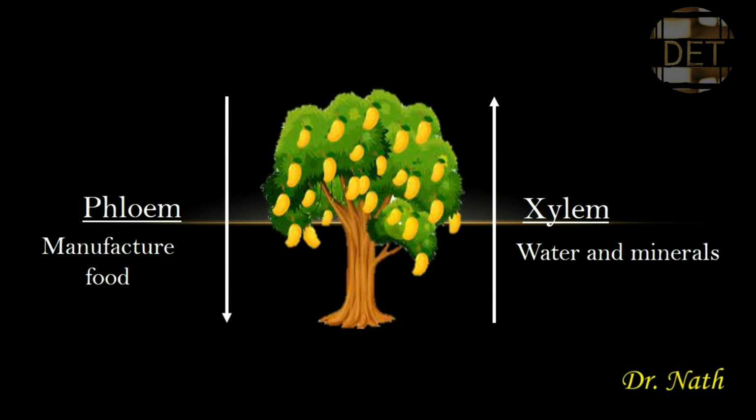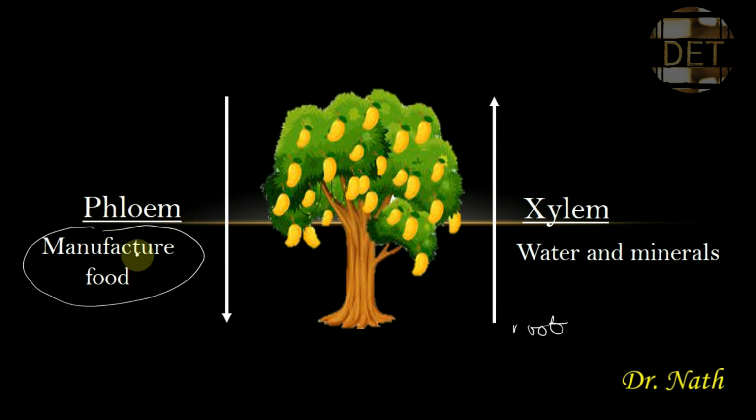So let's assume that this is a typical plant. The xylem is responsible for the transport of water and minerals from the root of the plant to other parts of the plant where they are needed, while the phloem is responsible for the transport of manufactured food.